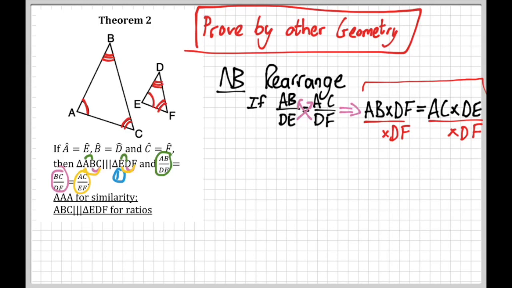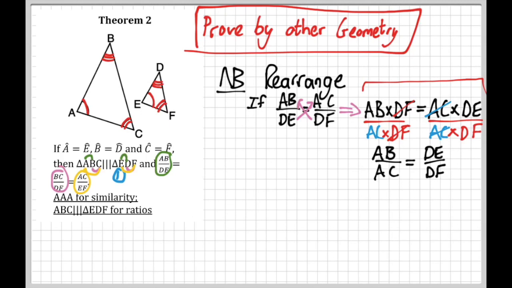You might be frowning very much at this moment and ask, where am I going? Just be patient. But I'm also going to divide by AC on both sides. So on the left, the DFs divide away, and on the right, the ACs divide away. In other words, I now rearrange this to be AB over AC and DE over DF.